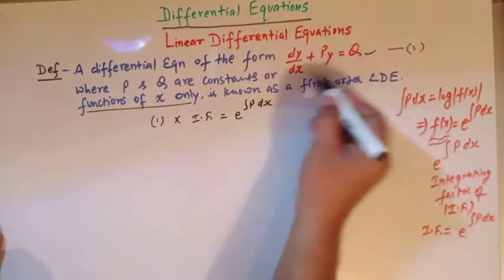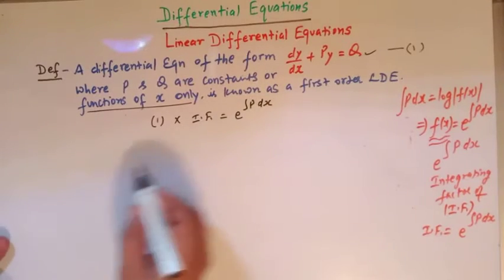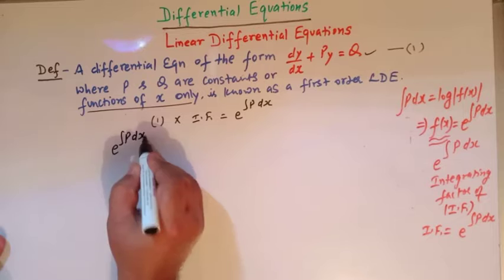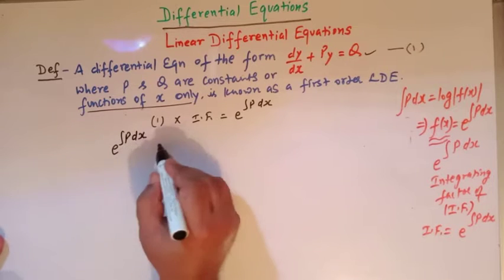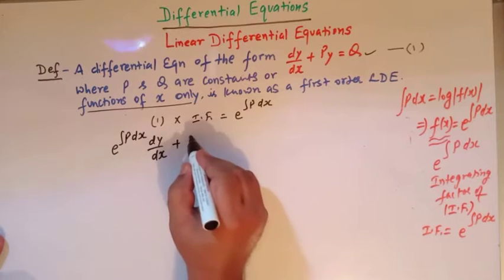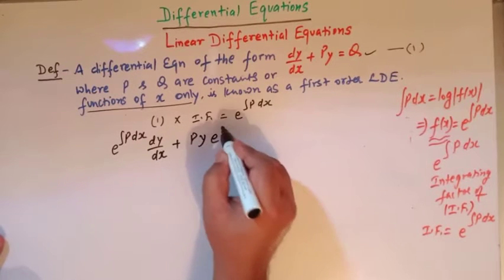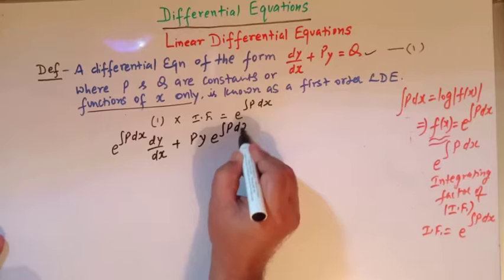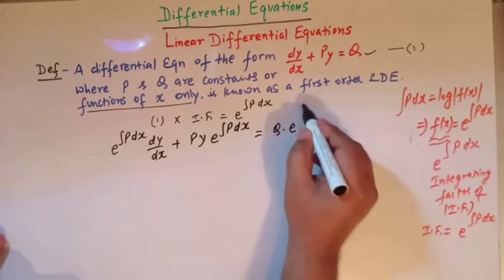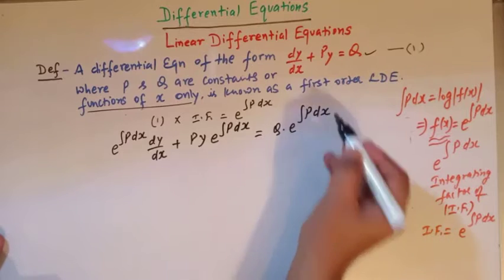So let us multiply equation 1 by this factor. So we have e raised to integral of p dx times dy over dx plus py, equal to q times e raised to integral of p.